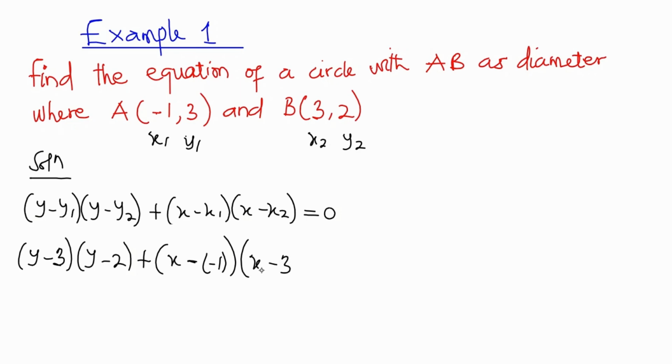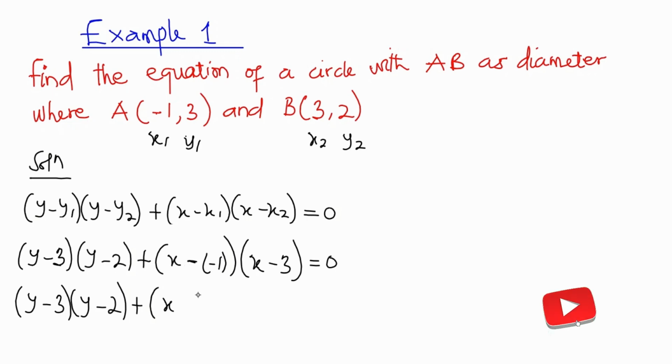Now we equate to 0, which means we can simplify. Here we have y minus 3, y minus 2, plus x plus 1, and x minus 3, which is equal to 0.